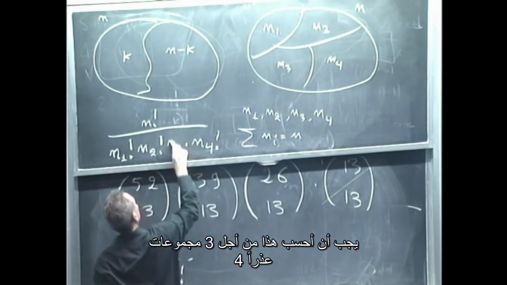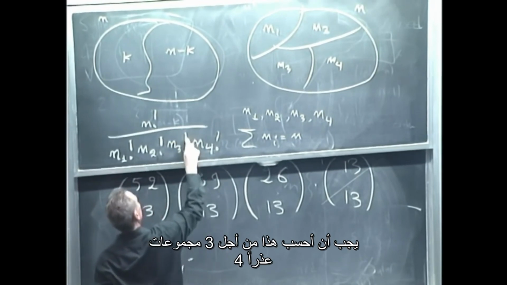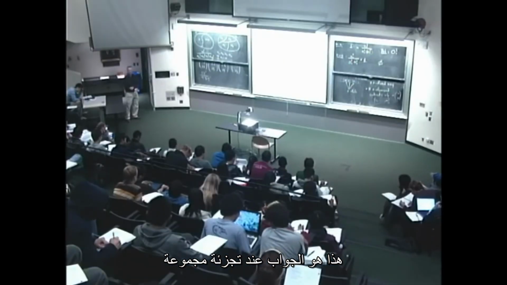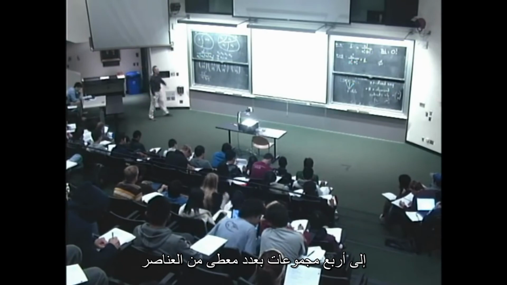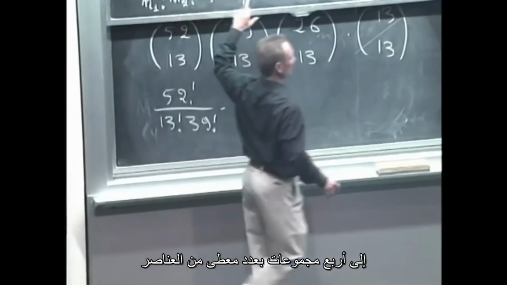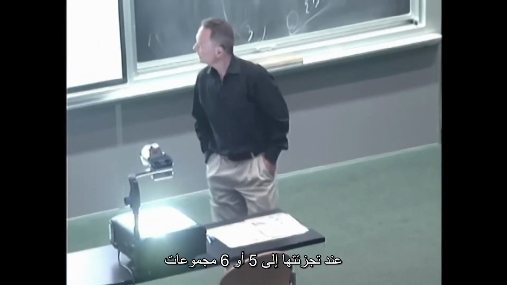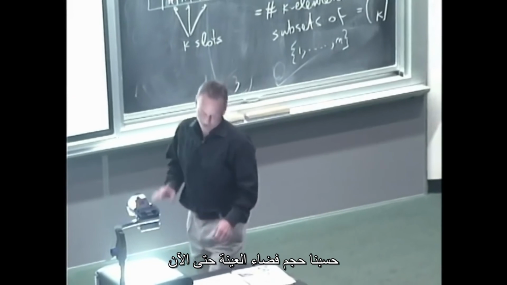Here I'm doing it for the case where we split it into 4 sets. So that would be the answer when we partition a set into 4 subsets of prescribed cardinalities. And you can guess how that formula would generalize if you want to split it into 5 sets or 6 sets. Okay, so far we just figured out the size of the sample space.